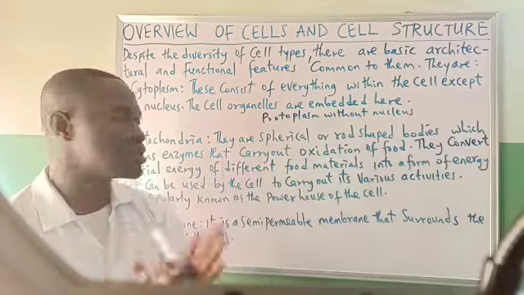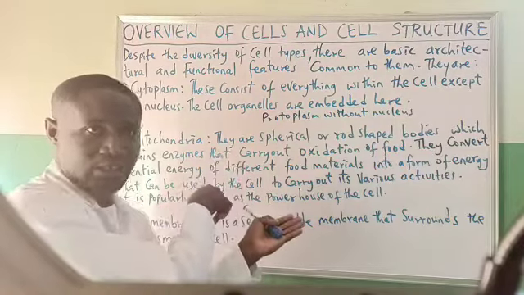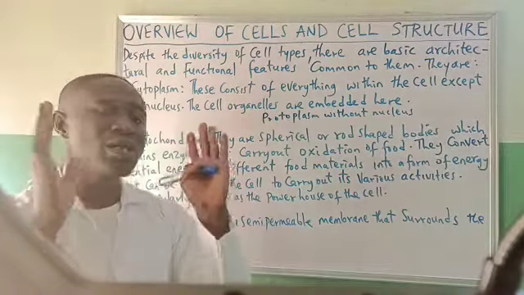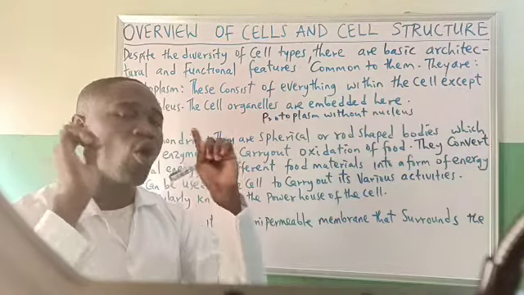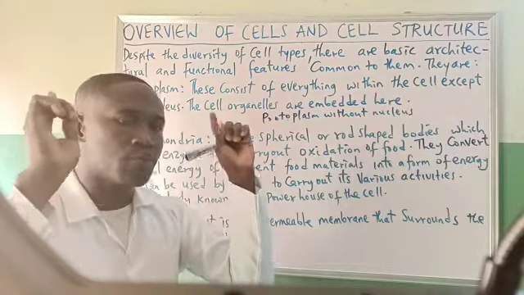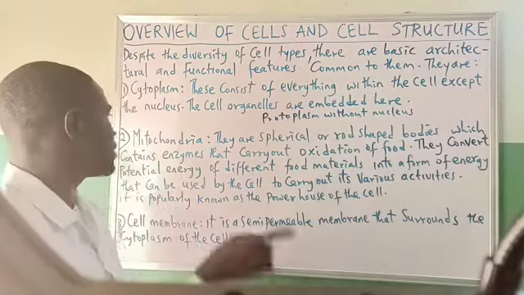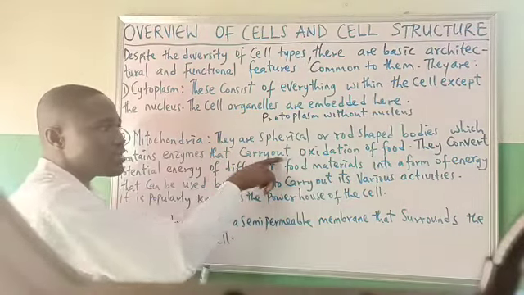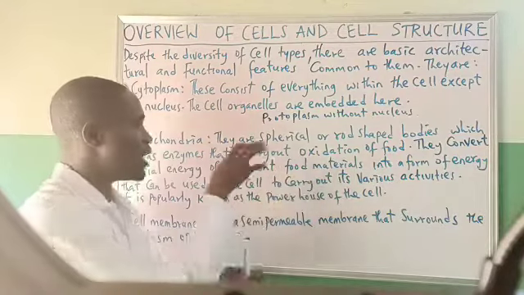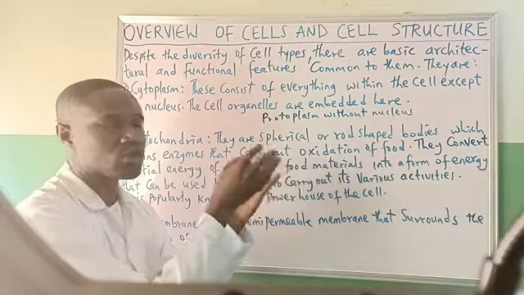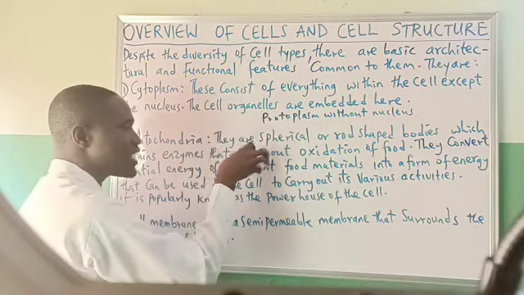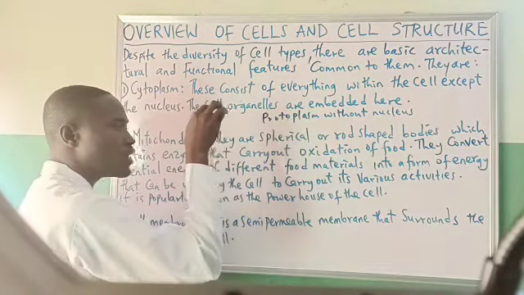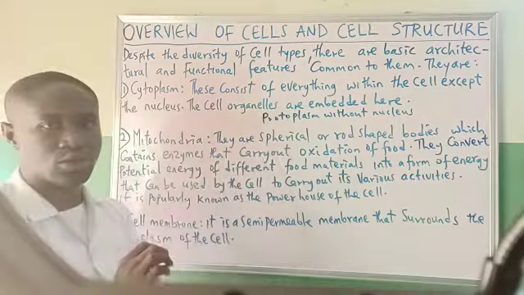Electron transport chain also takes place in this mitochondrium, because the tricarboxylic acid cycle and electron transport chain require oxygen to be able to take place. In mitochondria, there is always oxygen to help in oxidation of food. So that is why they carry out their breakdown in the mitochondria.